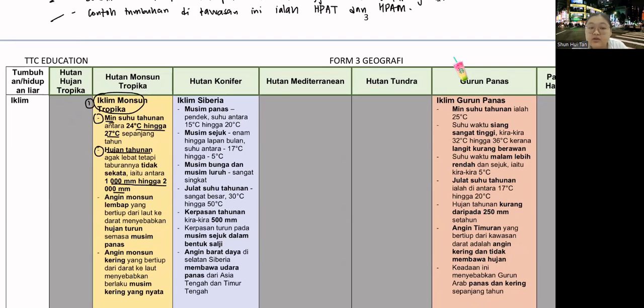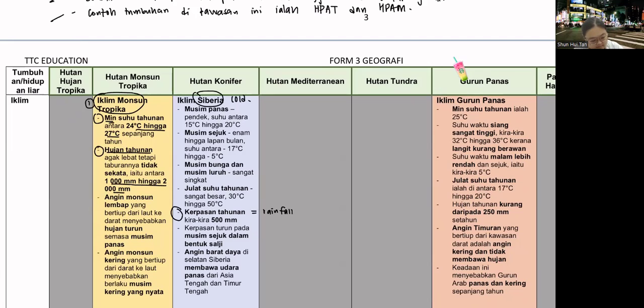All right. And then you have Siberia. You learned Siberia last year, right? It's a very cold area. Cold area. So you see how they affect the plants and animals? You can say, because their rain, kepasan harian, kepasan tahunan. Kepasan means the rainfall. The rainfall is around 500. All right.